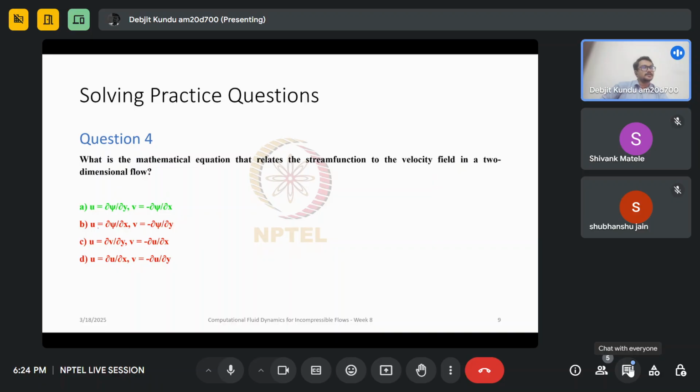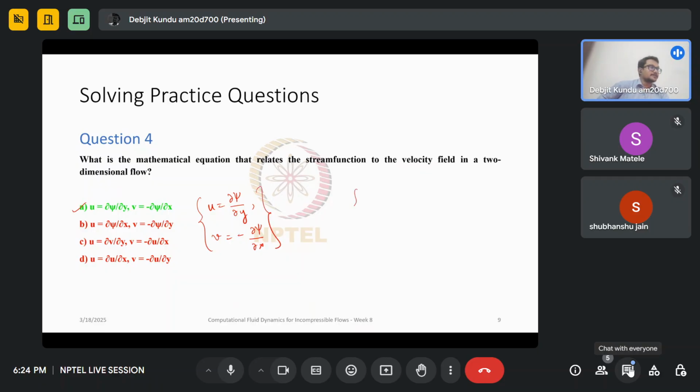It's actually option A. So u equal to dou psi dou y and v equal to minus dou psi dou x is one correct way to relate u and v.